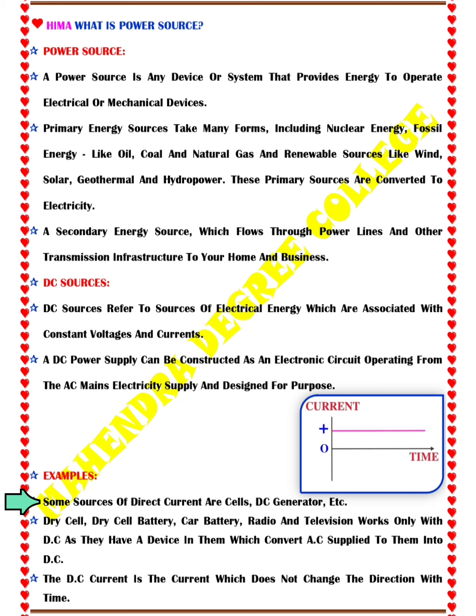In simpler terms, examples of direct current sources include chemical cells, meaning batteries, DC generators, solar cells, and DC power supplies.